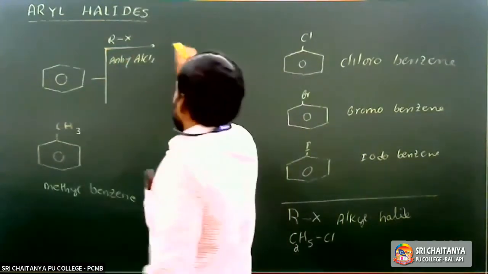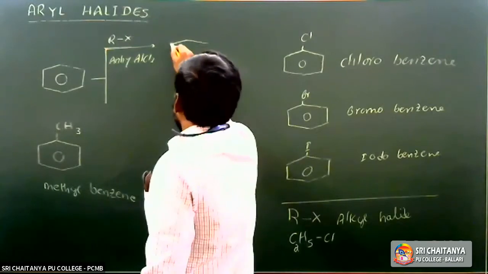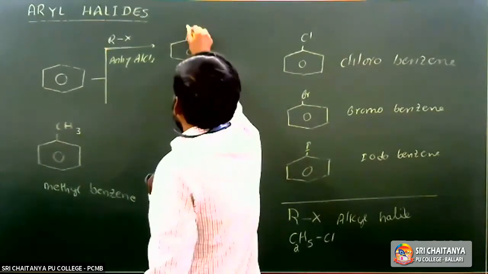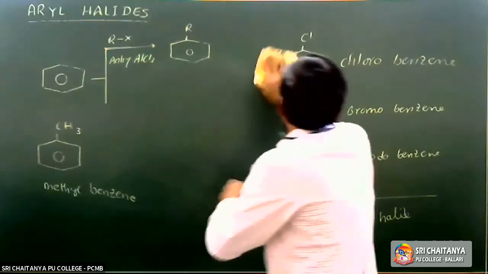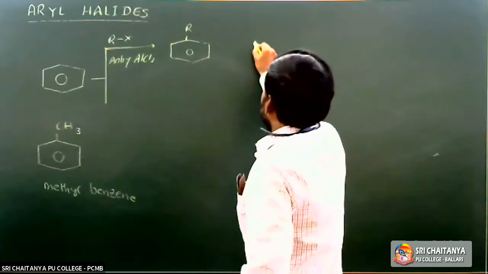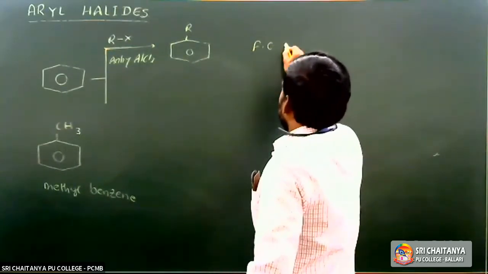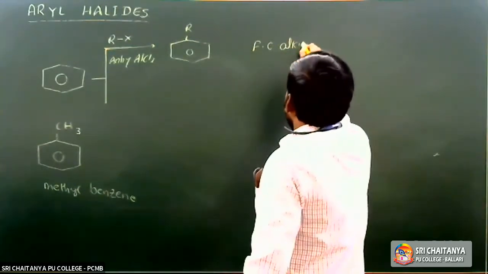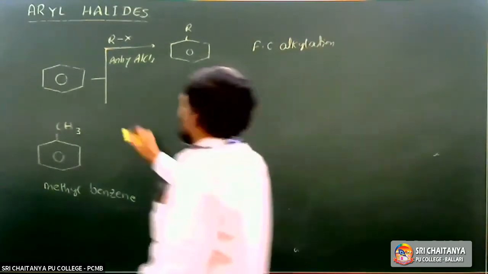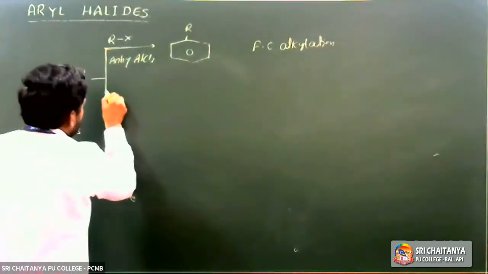Benzene treated with alkyl halide gives alkyl benzene. What is the name of the reaction? Friedel-Crafts alkylation reaction. Let us take a specific example.